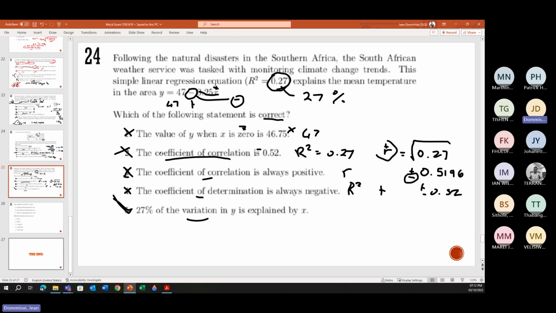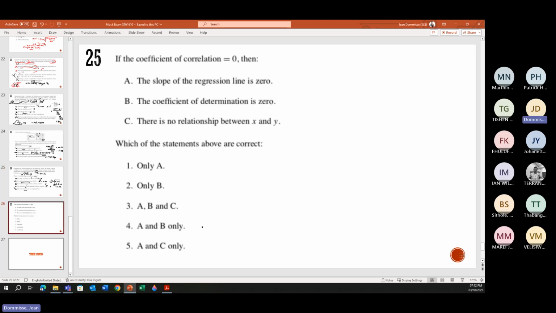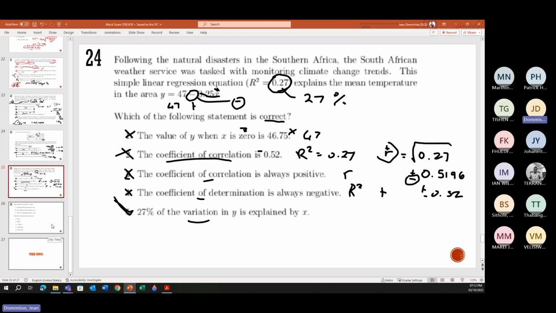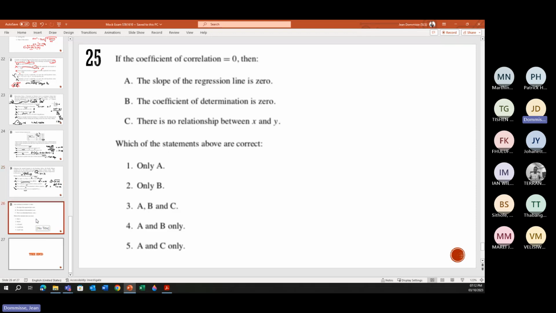Okay, so question 24 on regression. A lot of the things in here were more definition based. And then question 25, again, very definition based. Nearly everything that you needed in 24, you need to know in 25 as well.